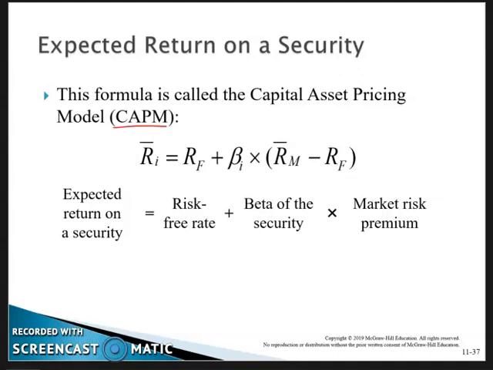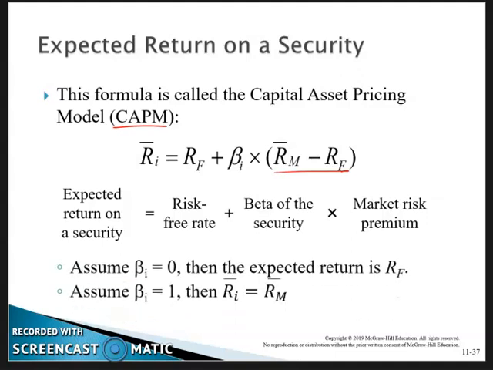The expected return on security i is equal to the risk-free rate plus beta for that security multiplied by the market risk premium. So if beta is 0, then the expected return on the security is the risk-free rate.